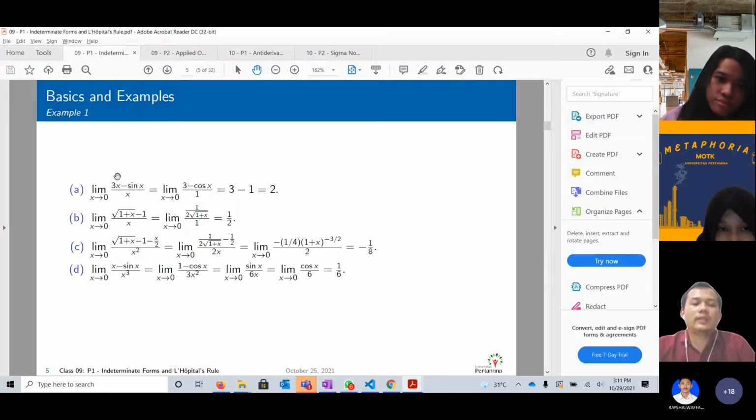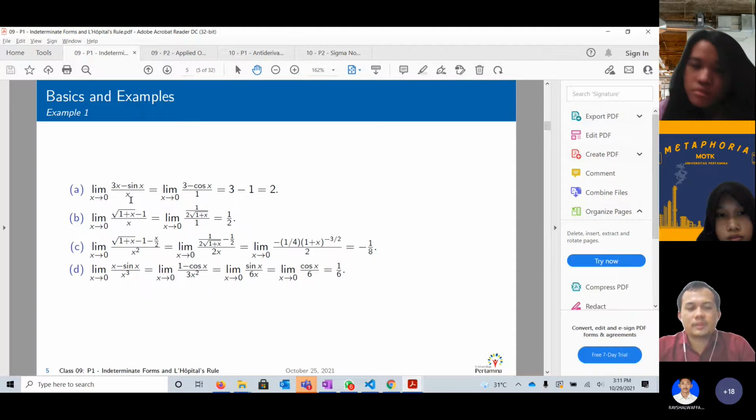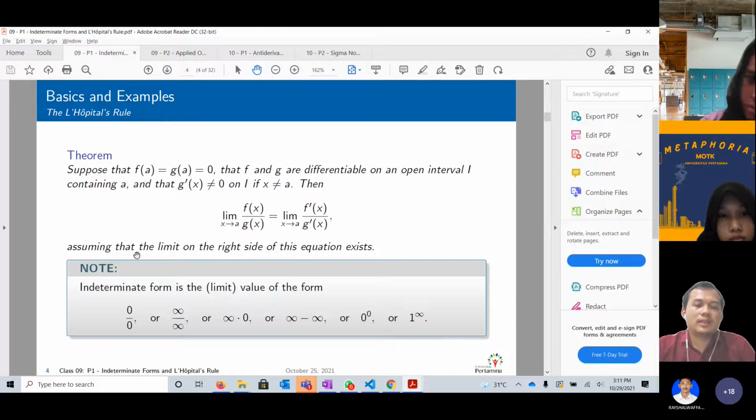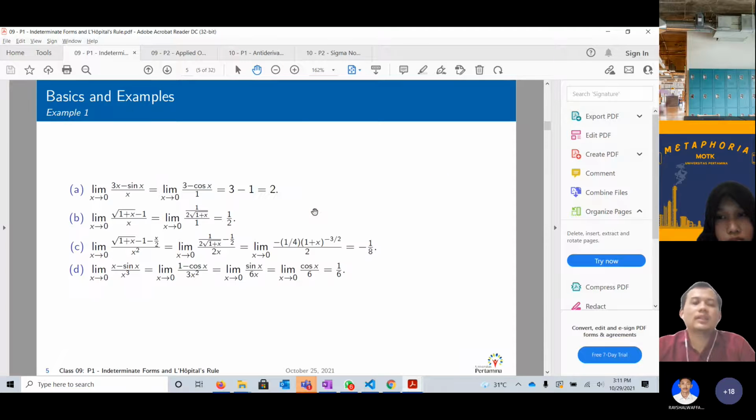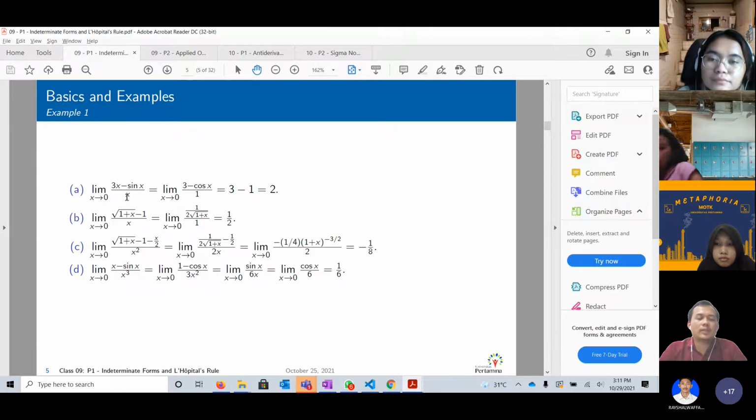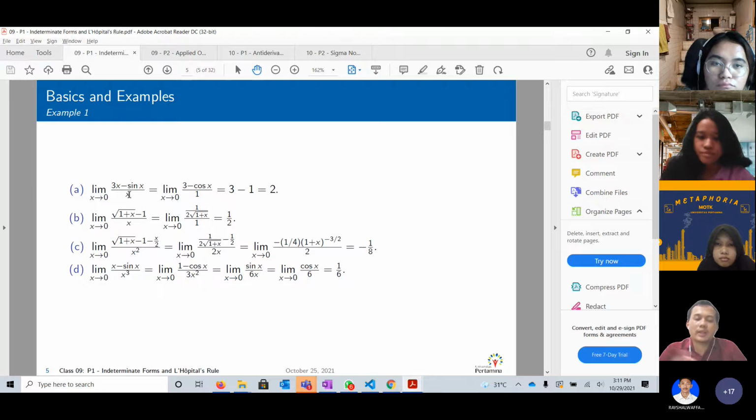So in this case, we have an indeterminate form, which is 0 over 0, right? Then this theorem says that to find the limit, we can differentiate both the numerator and the denominator, each by itself, not using the quotient rule.